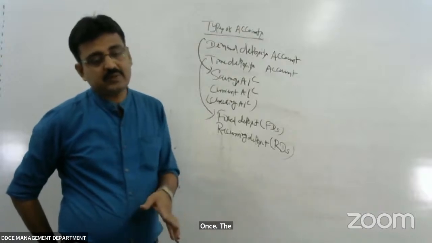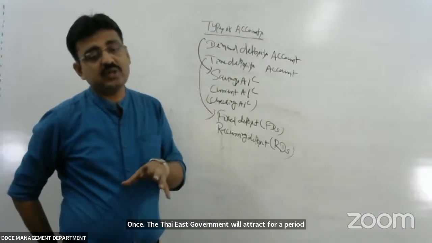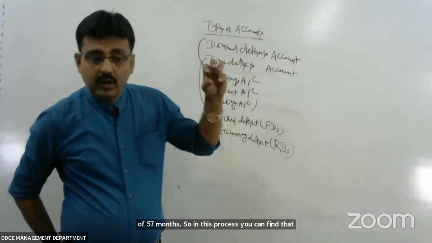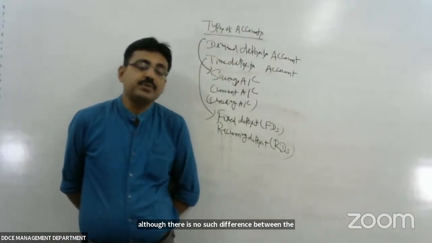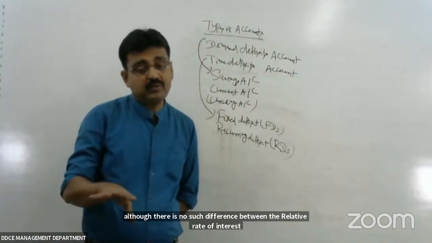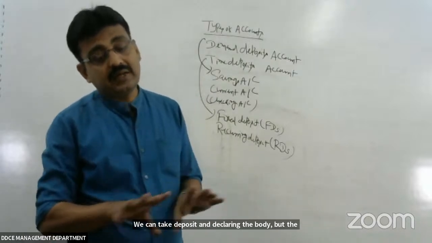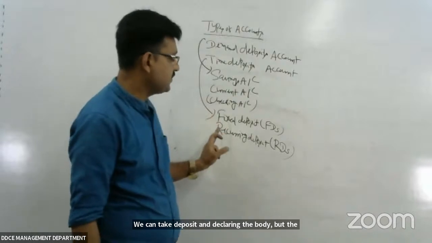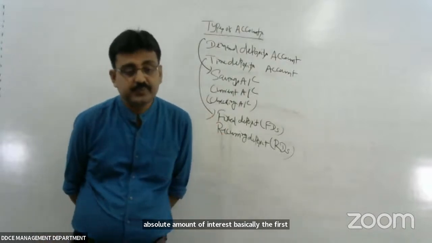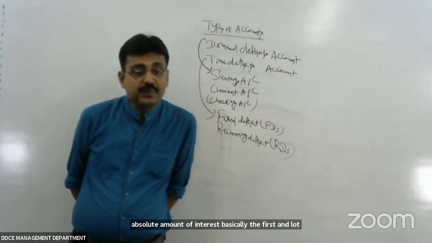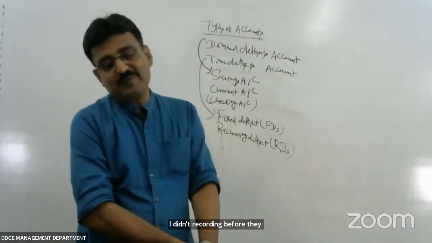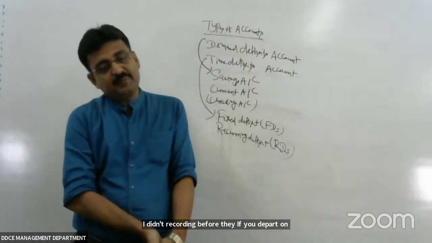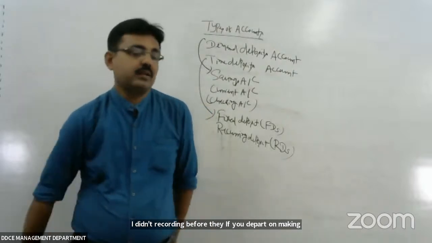So in this process, you can find that although there is no such difference between the relative rate of interest between fixed deposit and recurring deposit, the absolute amount of interest differs a lot between them. And in recurring deposit, if you default on making installment payment, you might be imposed with some penalties.